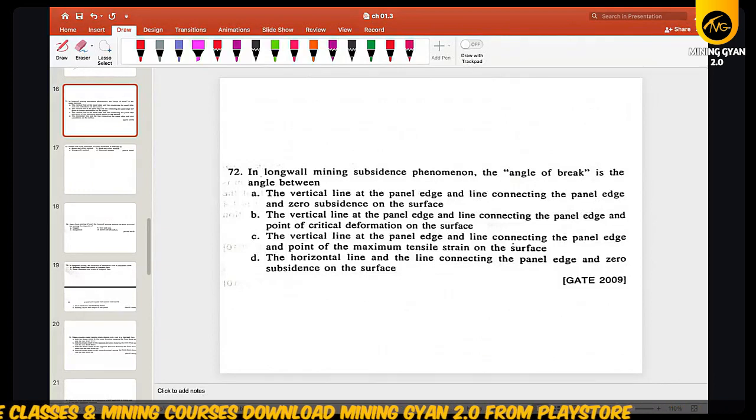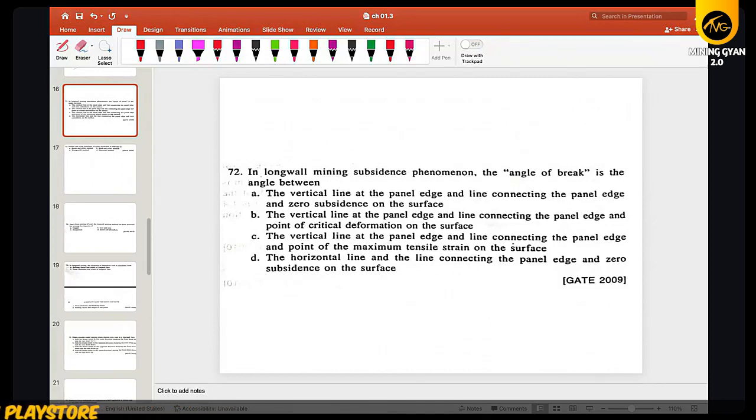So if you have any query, you can ask. Or should I increase my speed or decrease? You can tell me any suggestion, it will be beneficial for you.